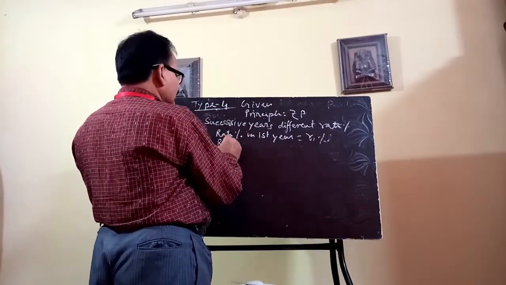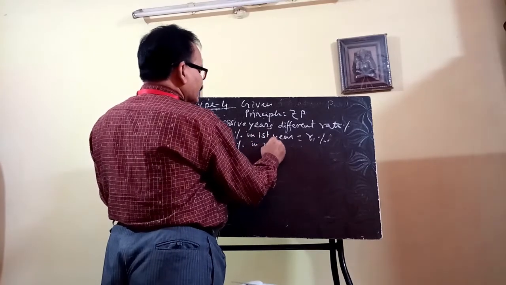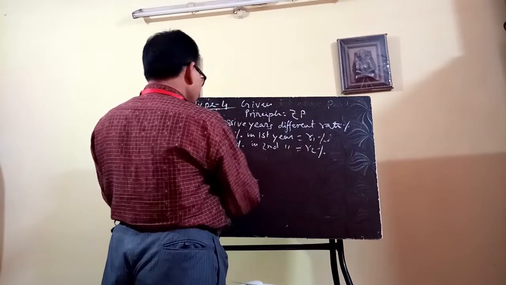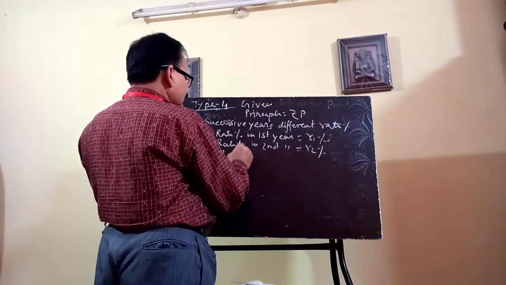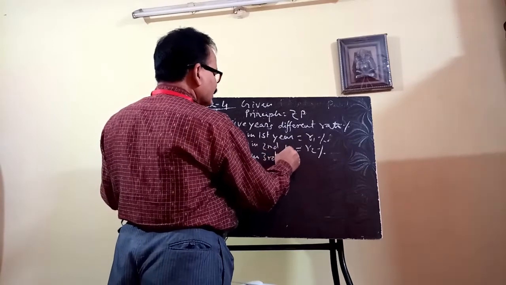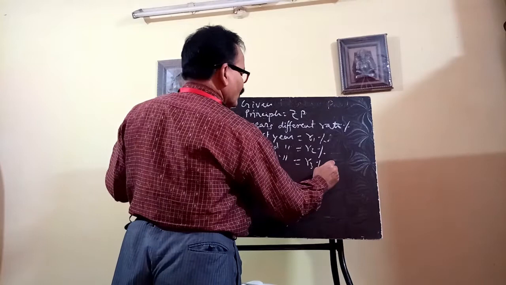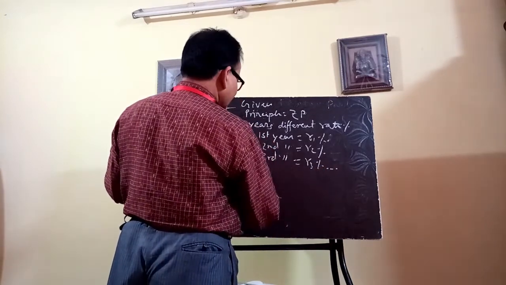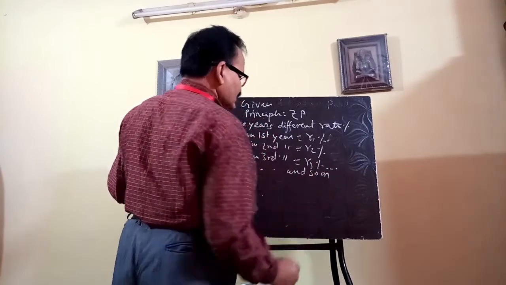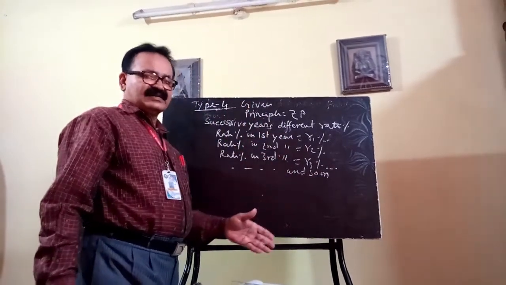In second year, rate percent is R2%, in third year rate percent is your R3%, and so on. Similarly, and so on. So different rate is given for different year.